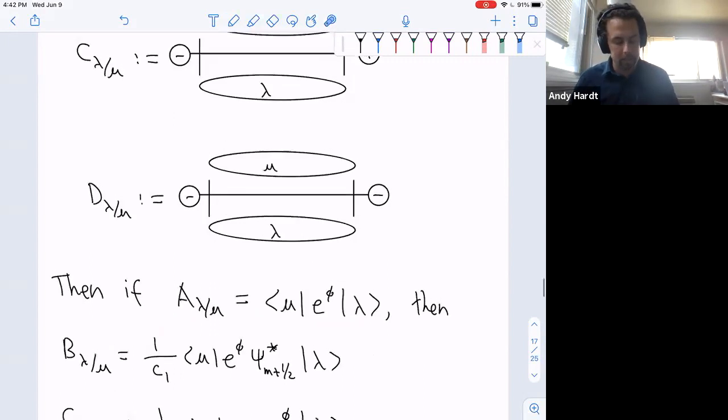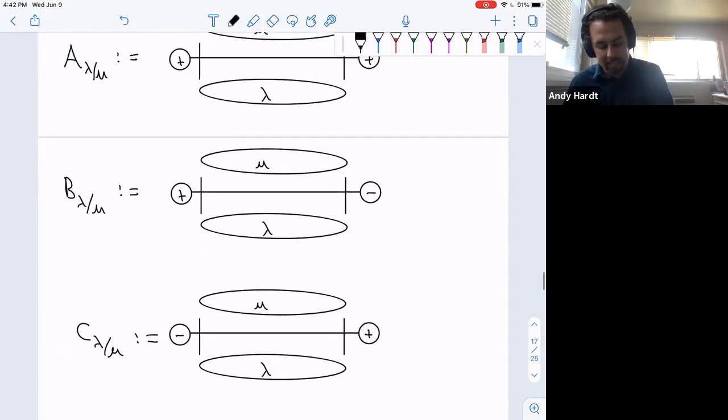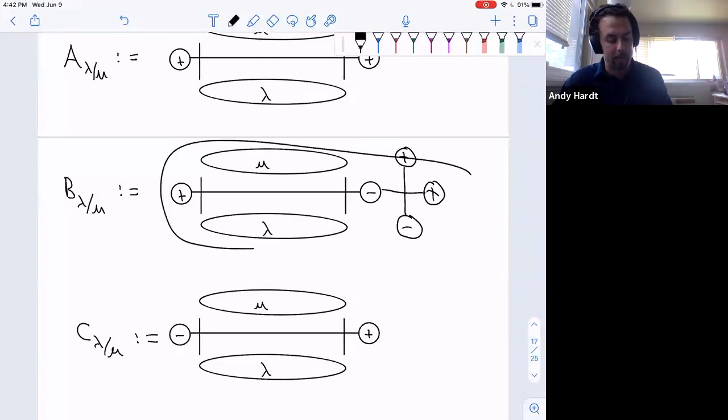For B, we pretend there's another vertex here. This minus is actually just going up here and around, and then we divide off by that weight. So we essentially have an extra C2 vertex, and that gets us back to the boundary conditions we were anticipating.